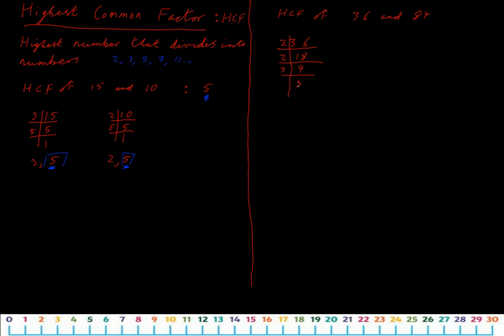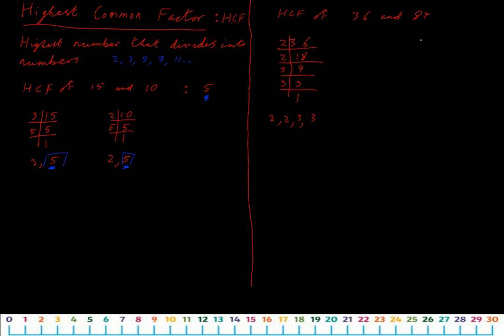It divides in 3 times, and then 3 divided by 3 is going to get me down to 1. So my prime factors of 36 are 2, 2, 3, 6. Sorry, 2, 2, 3, 3. If I multiply all of those numbers together, I will get 36 back.